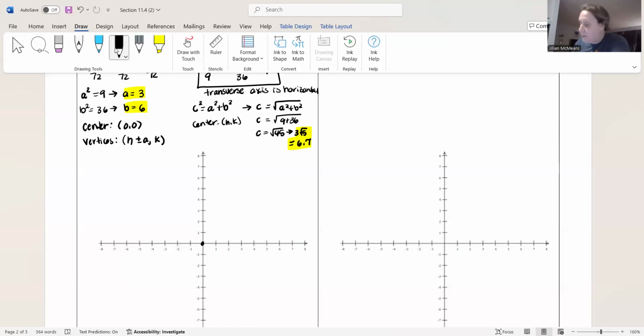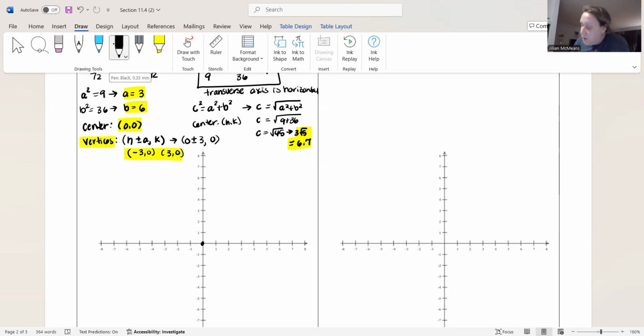That is k. We already know that h is just 0. So we're going to get 0 plus or minus, well, what was a? It was 3. So we're going to get 0 plus or minus 3, comma, 0. So the main vertices are going to be (-3, 0) and (3, 0). So we have our center, and we now have the main vertices.